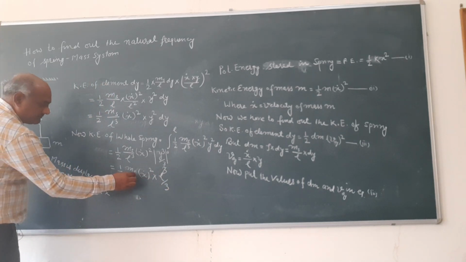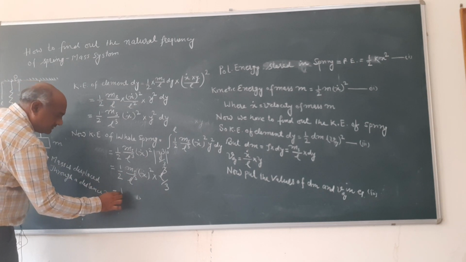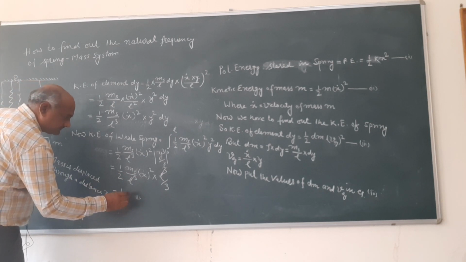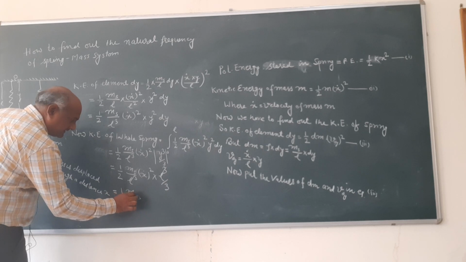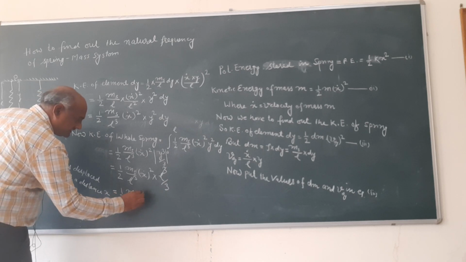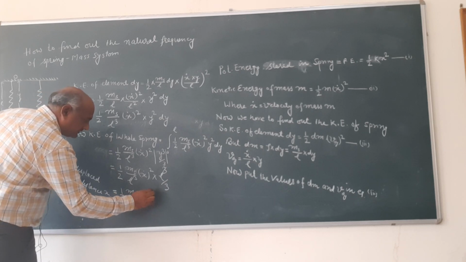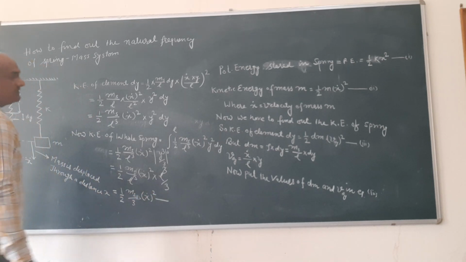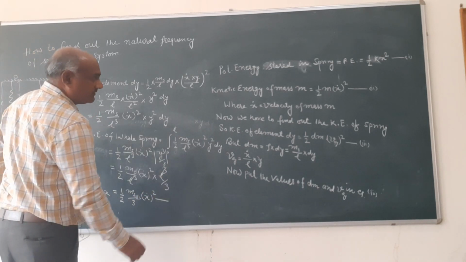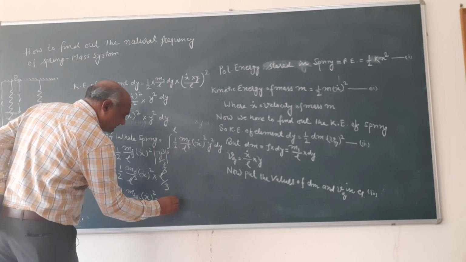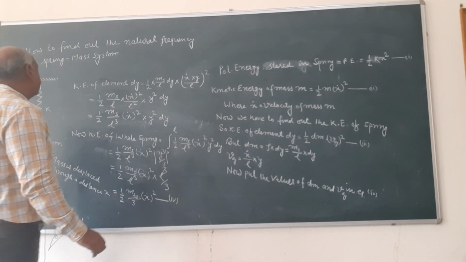L cube cancels out L cube, so it is equal to 1 by 2 ms by 3 into x dot square. This is equation number 4.